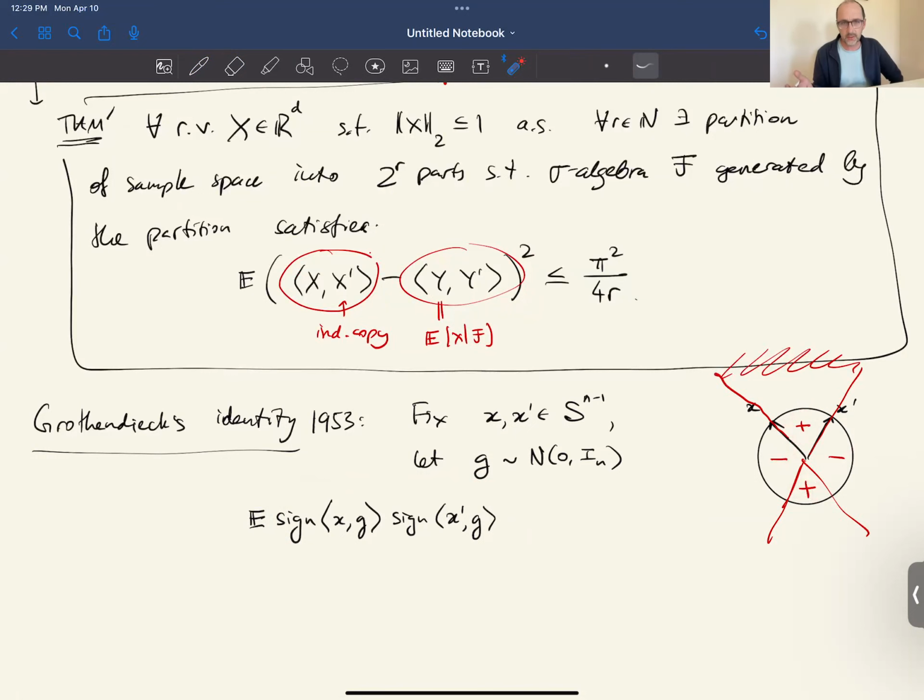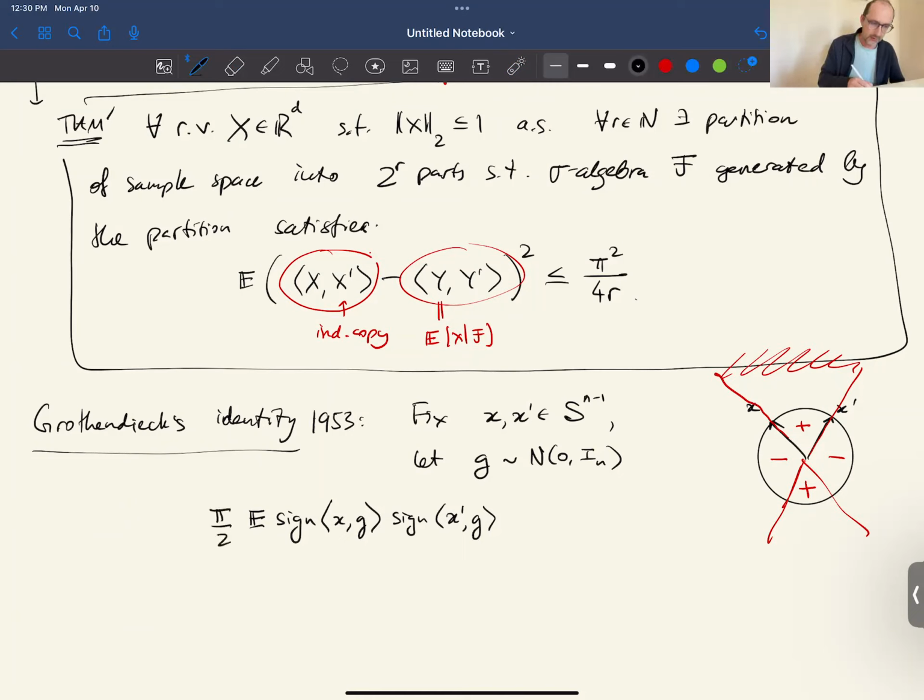And it's rotation invariant. You can just compute it directly using trigonometry. It will just depend on the angle between x and x prime, obviously, not the orientation, just the angle. And if you do this trigonometry, it will be the arc sine of the angle.